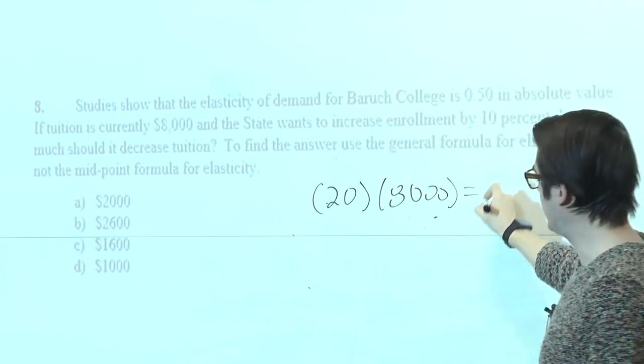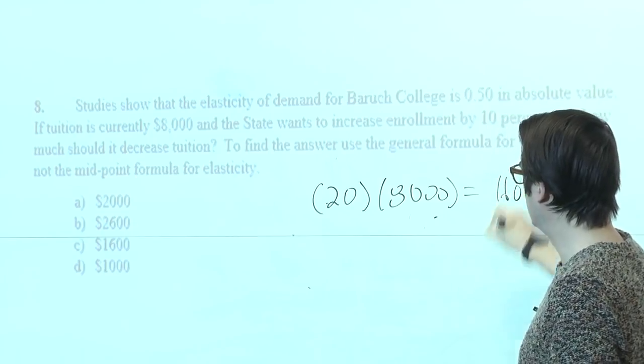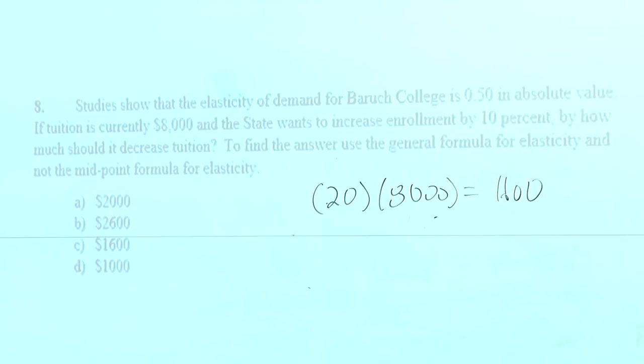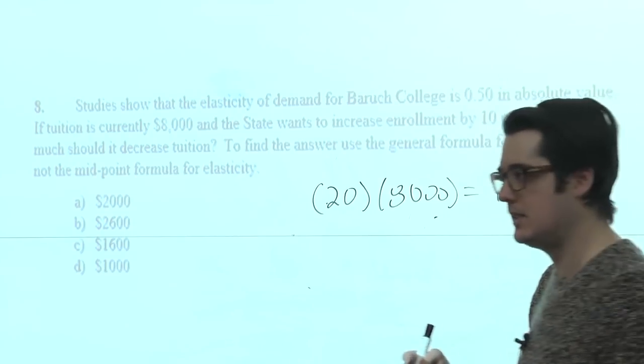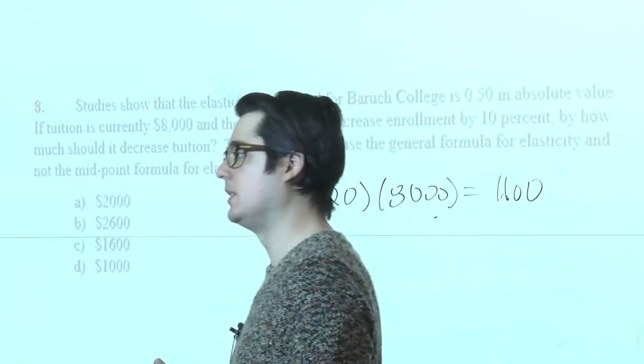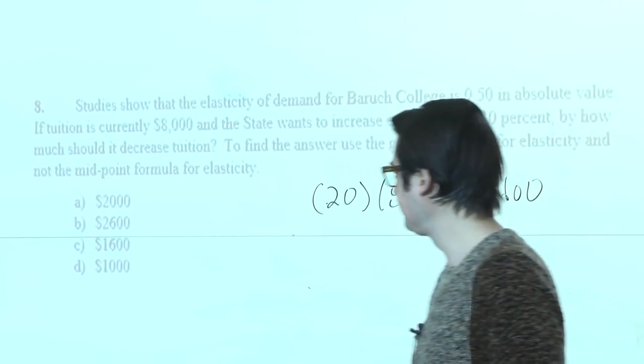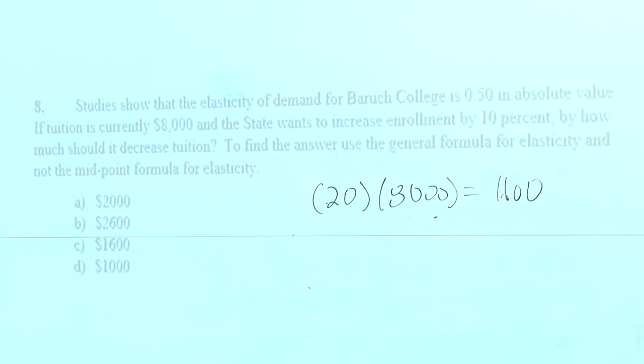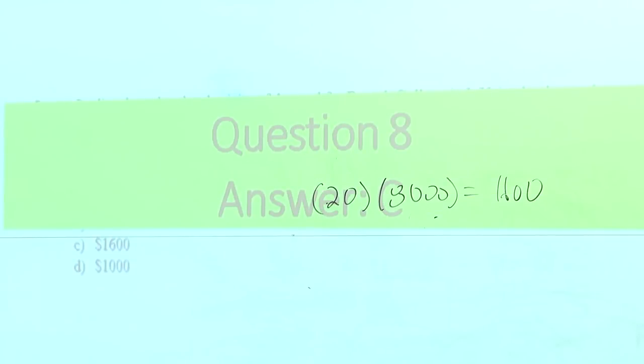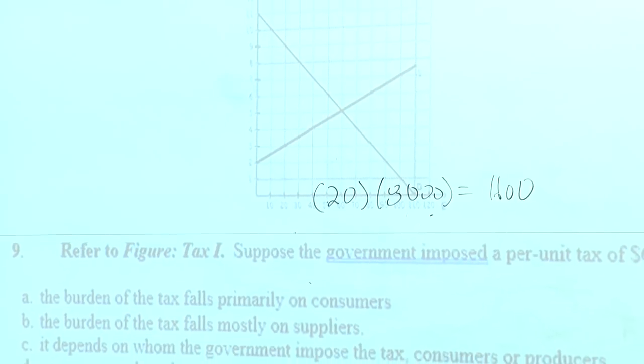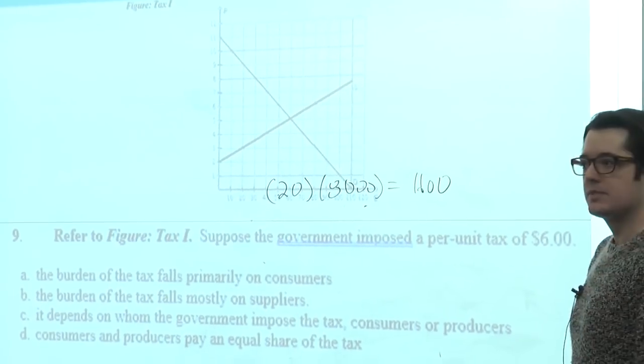That's going to be our price reduction. Gives us 1,600. So we need to reduce tuition by 1,600 to increase enrollment by 10%. Okay, so the answer is C. Questions?